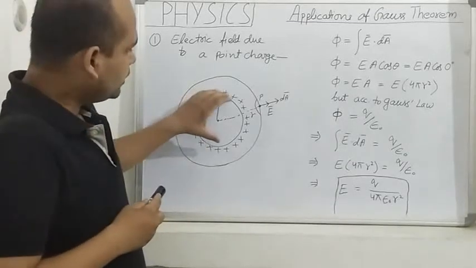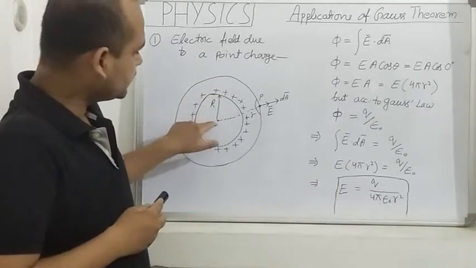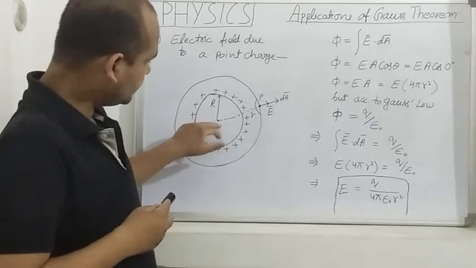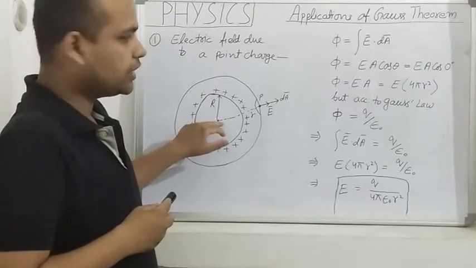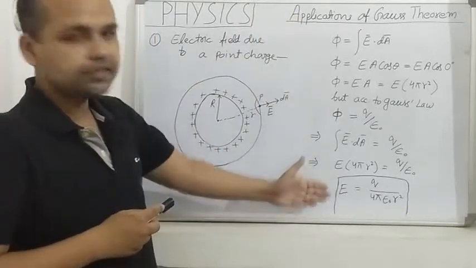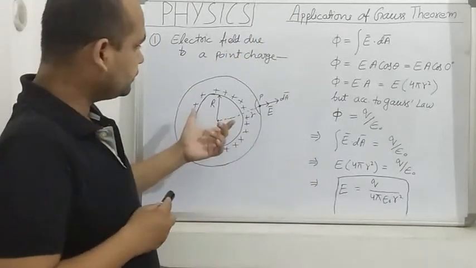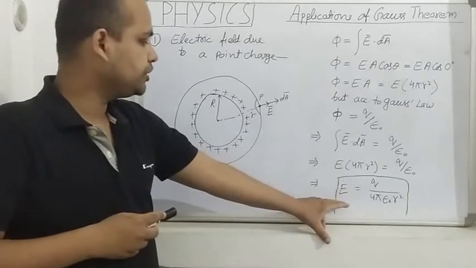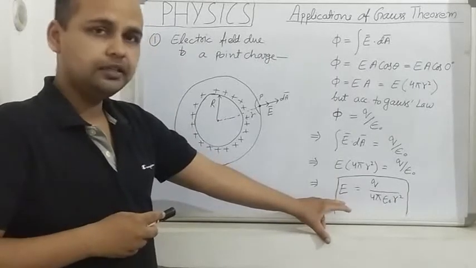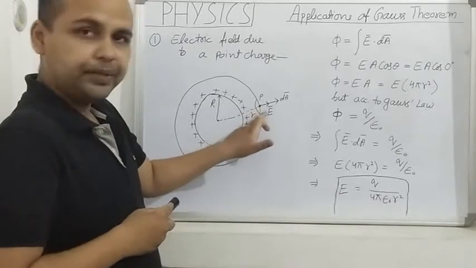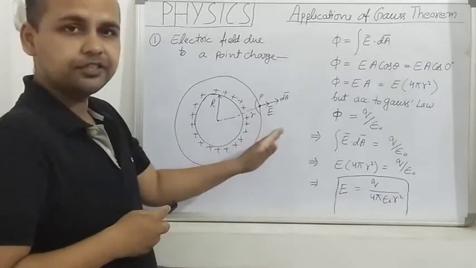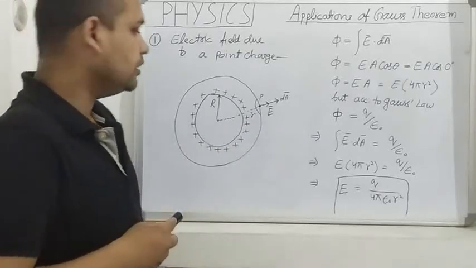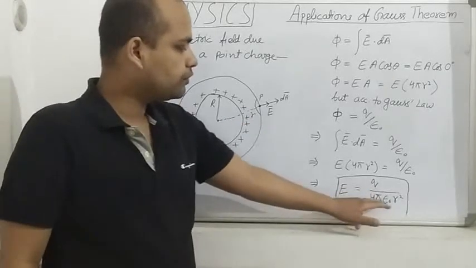Now when we assume the spherical shell to be a point charge, the same procedure we will follow, and therefore the electric field due to a uniformly charged spherical shell at a point P outside the spherical shell at a distance small r will be equal to Q upon 4 pi epsilon naught r square.